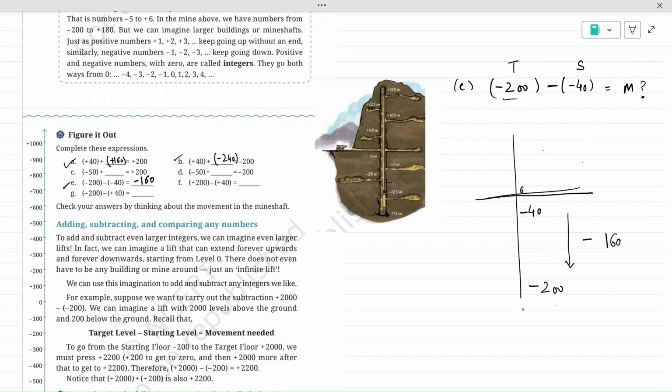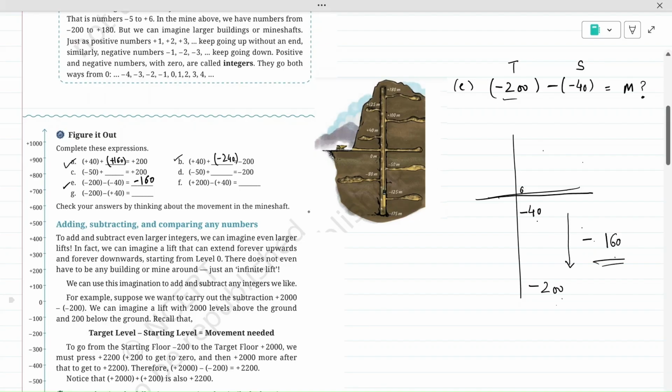Both are below 0. But minus 40 is the starting point and it is above minus 200 because these are negative numbers. So if I start from minus 40, I have to go to minus 200. I have to go down. Down means it will be a minus sign first of all. And then to reach from 40 to 200, I have to take 160 steps. Okay, so that's how we have got this number.